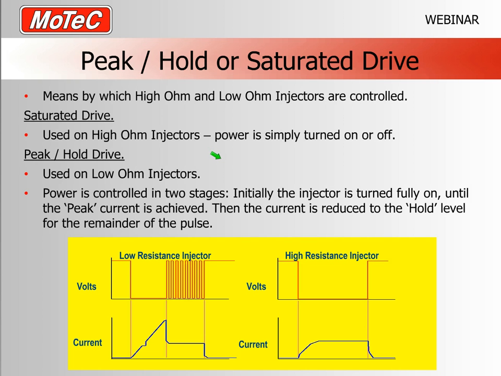Once the injector is open, we can just hold it open with this lower current. So if you happen to switch one of these injectors on permanently, they will basically blow up because the current will just keep increasing because of their low resistance. So a peak hold type of drive is required for any low ohm or low resistance injector.